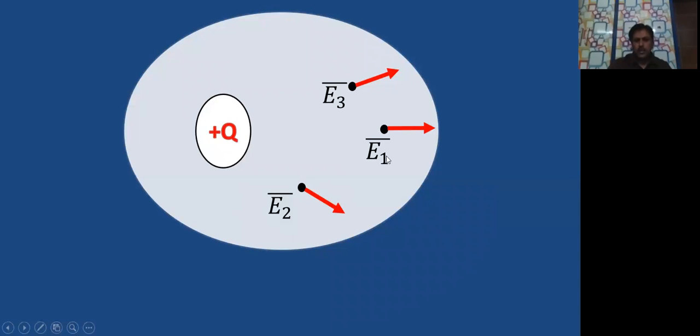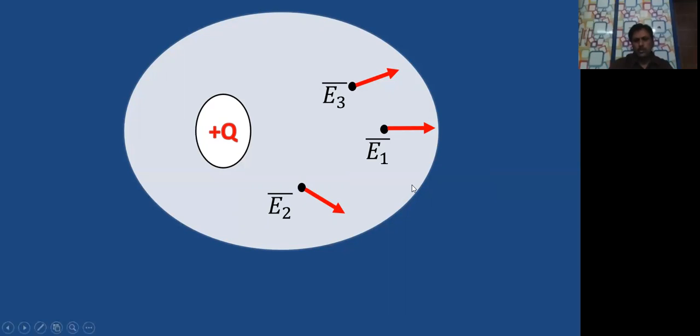If you see carefully, in this particular picture I am showing you that the electric field is depicted in terms of vectors, because electric field intensity is a vector quantity. That means the characteristics of that field are studied by using the electric field vector.